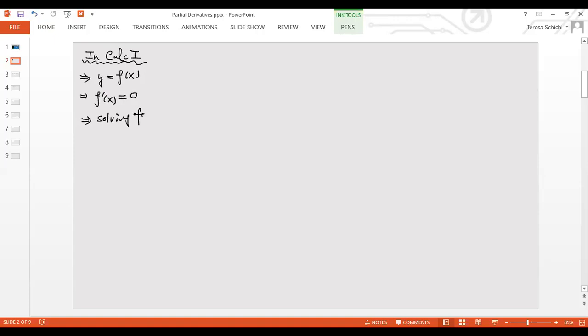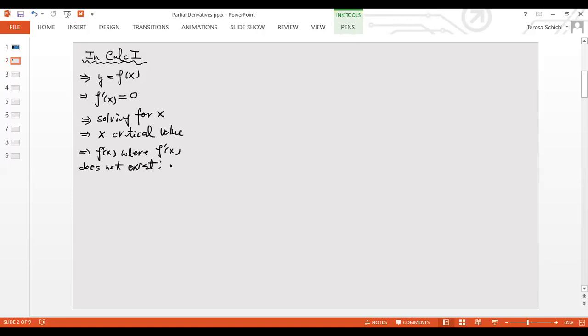So what is this x? X is the critical value. We have two kinds of critical values. Also, we can find where f prime x does not exist.